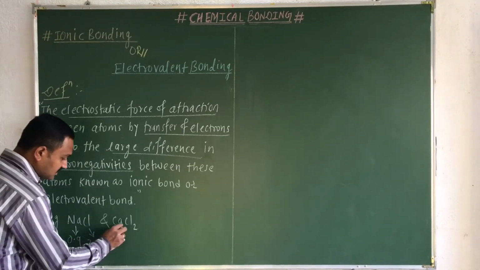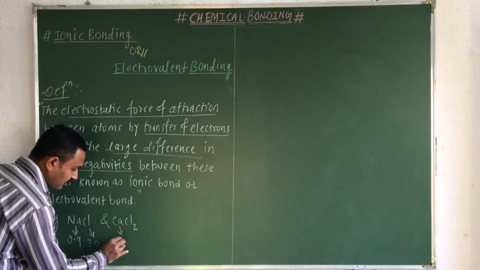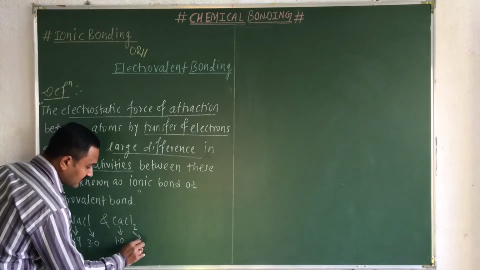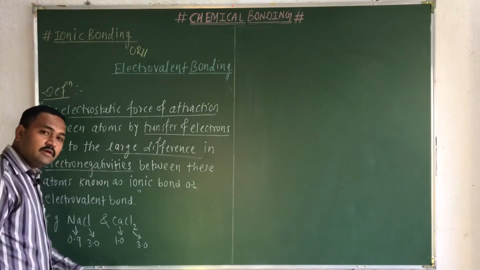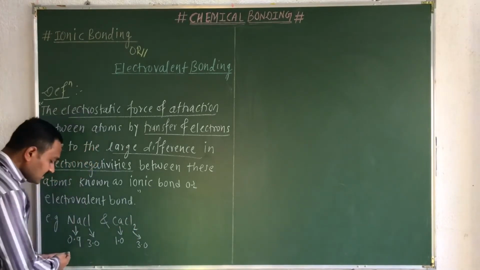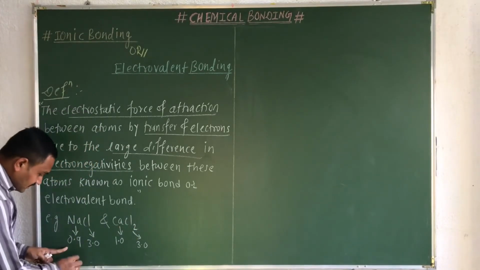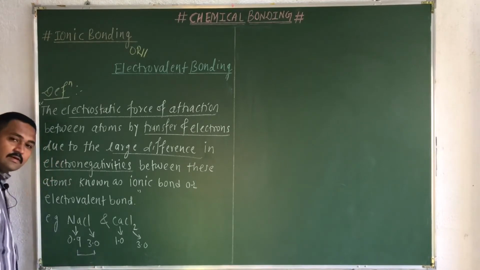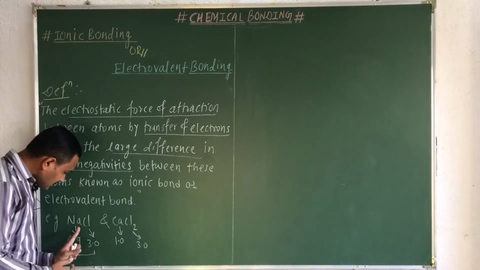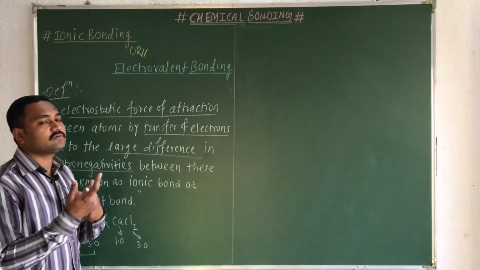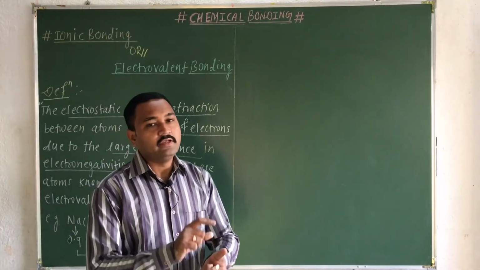Calcium has the electronegativity value 1.0, while again chlorine has the electronegativity value 3.0. Obviously there is a large difference between these values, and hence these compounds are formed by the transfer of electrons.